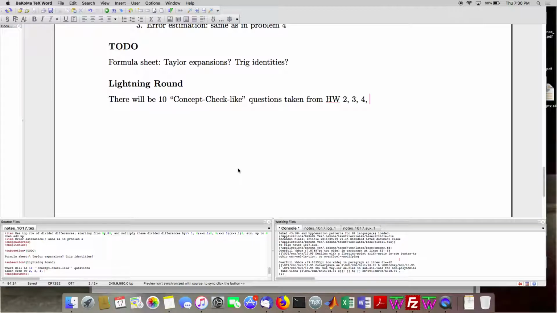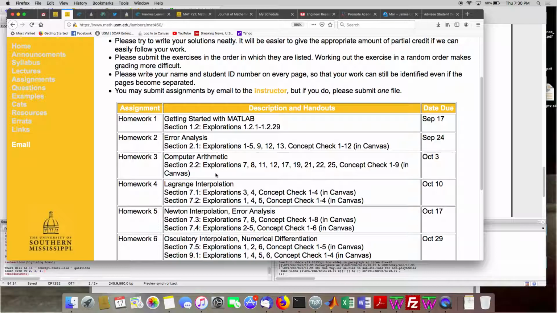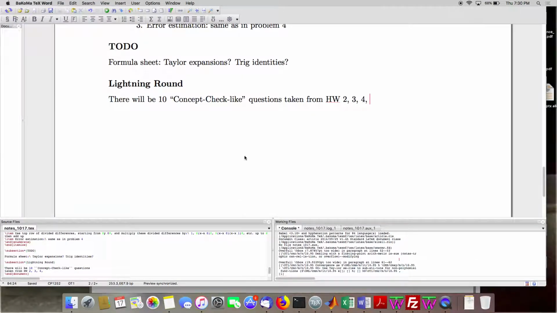Okay. Actually, I'm going to stop at 4, even though Newton Interpolation is homework 5, which you're supposed to be working on. Yeah, I know. This will give me enough to work with, so I'll cut it off there.